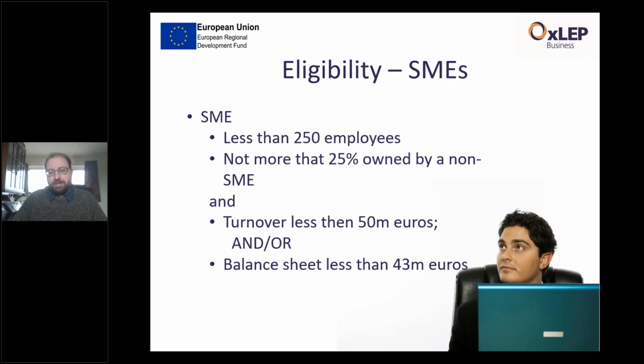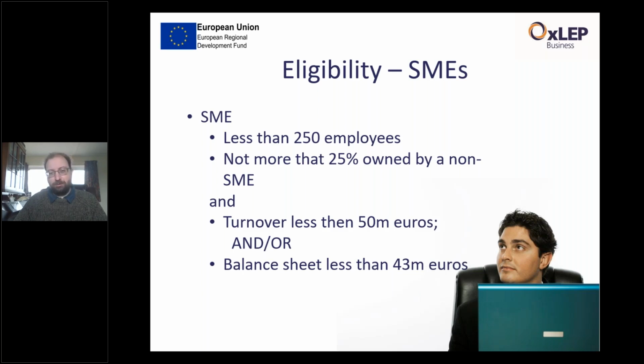What that means in terms of eligibility is that we still operate to the EU definition of an SME. So to apply for a Go-create grant, you must be an SME. That means you must have less than 250 employees. You cannot be more than 25% owned by a non-SME.